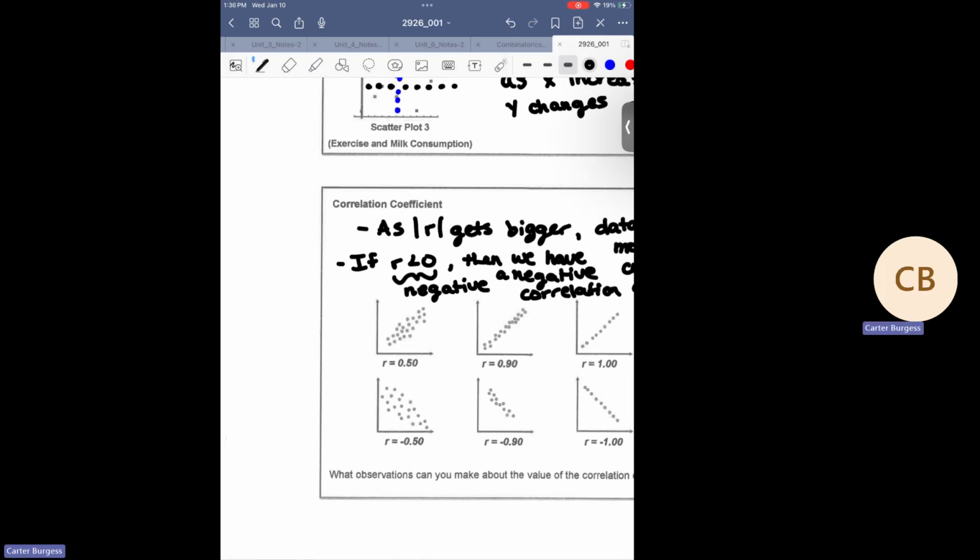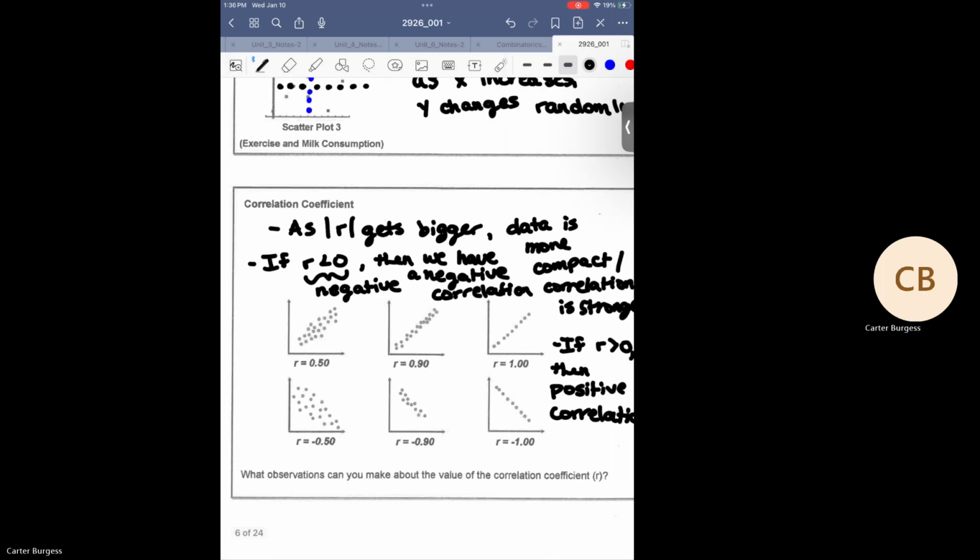Just because the strength of R isn't determined by whether it's a positive correlation or a negative correlation, all we're really going to care about is that magnitude getting larger and larger and larger. There's actually a hard cap on what R is able to be, as well as a floor on what R is able to be. Always going to be stuck between -1 and 1.